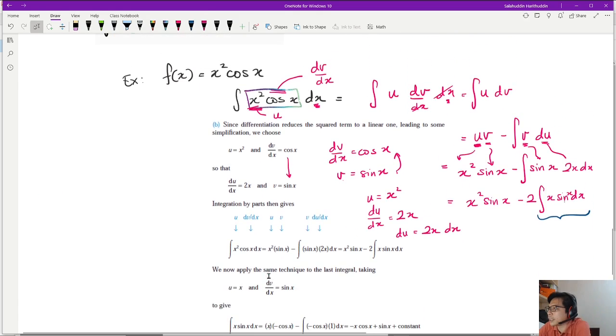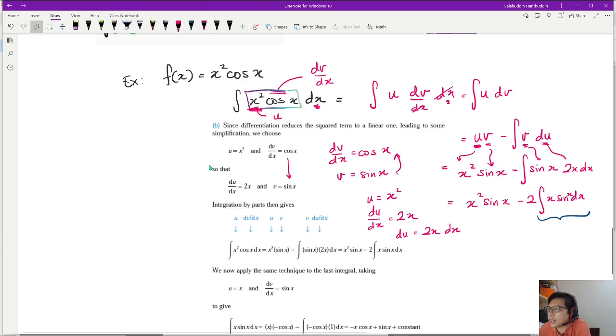What I've done is I've gone from here to here. I'm trying to convert this into something more manageable. So I've done the uv minus the integral of v du here. I got this answer here, but now the problem is here, I need to redo that again.